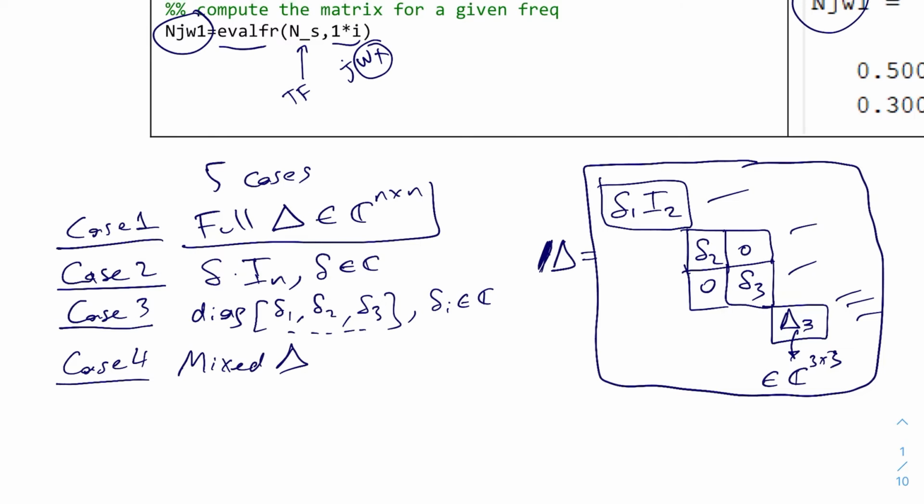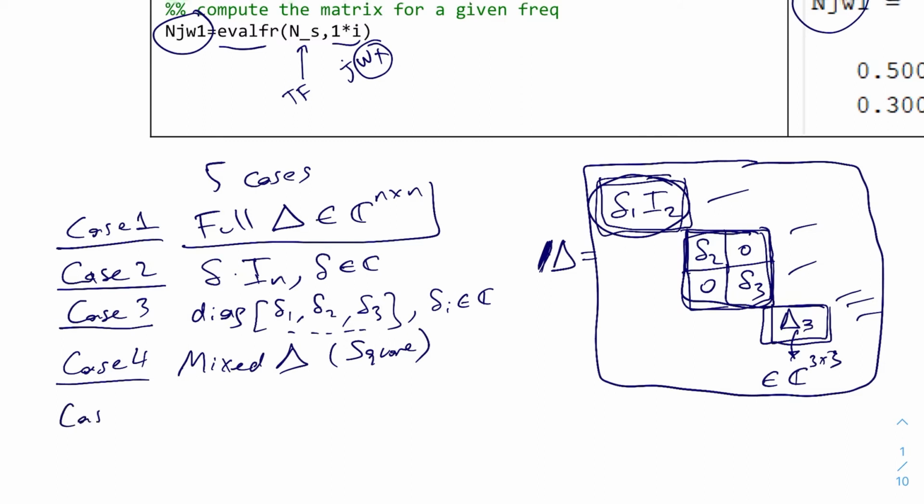If you look at this, each subblock is square. This is square 3 by 3, and this is 2 by 2. This is square, and this is identity times some delta, and this is square mixed. I'm going to call that square because each subblock is a square complex matrix.